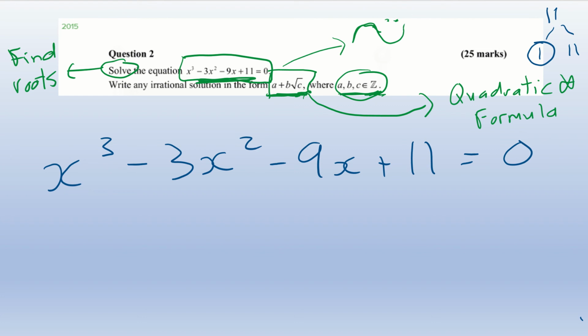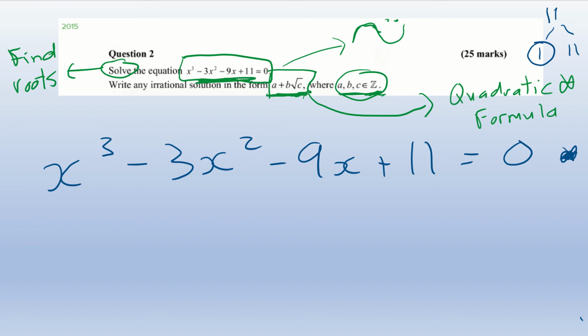Now, just before I do that, you might be thinking, well, how do I know when to stop? What if I try 1, 2, 3, 4, 5, 6? What if I try all the way up and I can't find a number that goes in? For your questions, you've got to remember that this isn't a question to see whether you can just substitute a load of numbers in until you get to the right one. So with that in mind, your first number, or to word that better, your first solution, will be a small number.